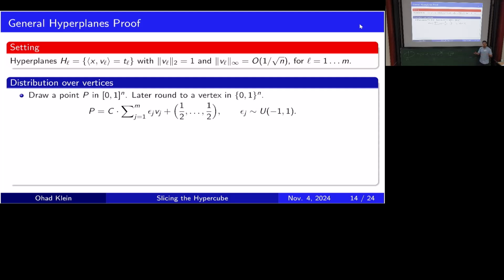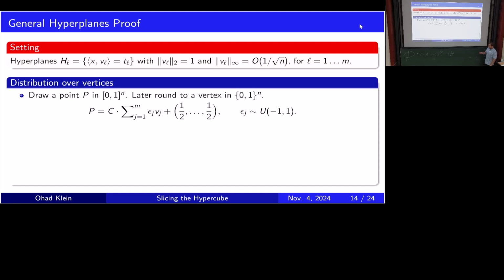This will have the shape of this distribution, which will have high variance on each axis. So one technical issue is that we are going to choose a point in the solid cube, and later we are going to round it to a proper vertex. So just leave it alone for now.